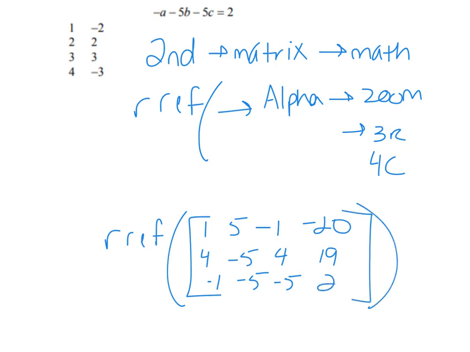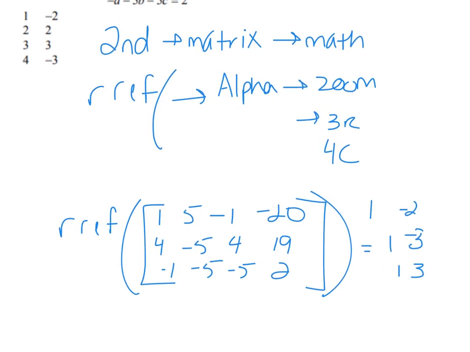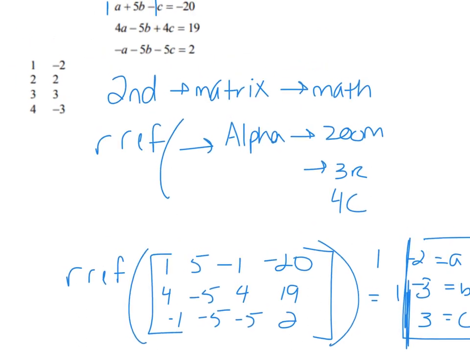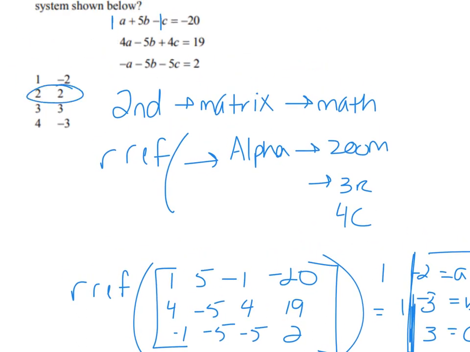You're going to press enter, and that's going to give you all these numbers with 1, 1, 1 as the diagonal, and you're going to have -2, -3, and 3 in the final column. So that tells you that this is A, this is B, and this is C, because that's the correct order. They want you to find the one that's not an answer in the choices, and the one that's not an answer in the choices is choice 2, because we have -2, we have 3, and we have -3.